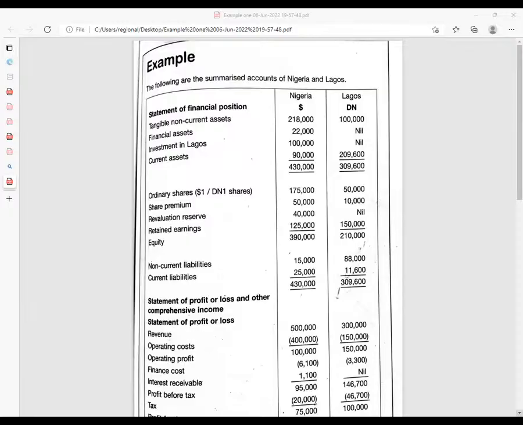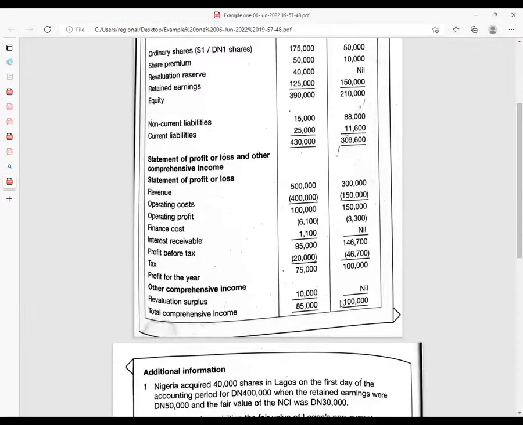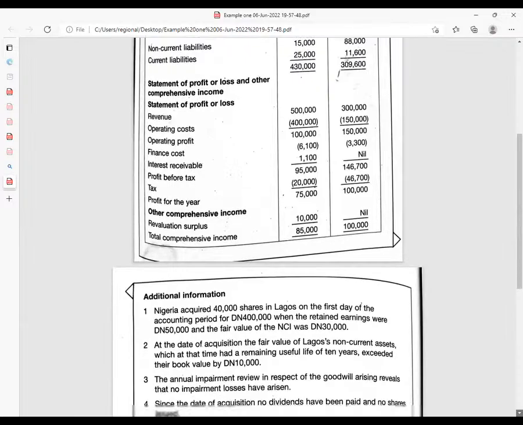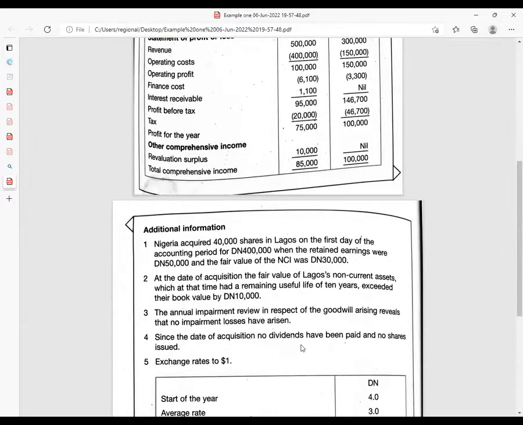Now, listen to me very well. They have given me everything there. And then we are told additional information: Nigeria acquired 40,000 shares in Lagos on the first day of the accounting period for DN 400,000 when the retained earnings were DN 50,000 and the fair value of the NCI was DN 30,000.